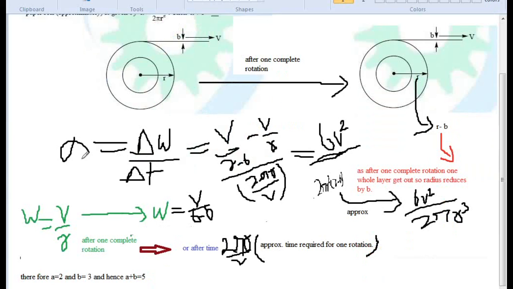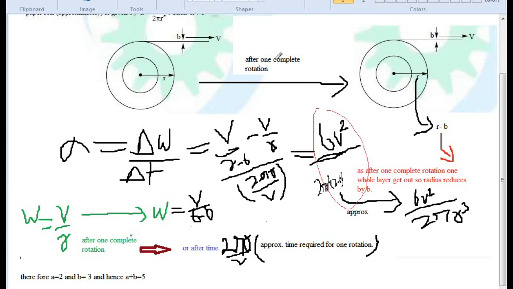So our work is done. This is the omega before one complete rotation. This is omega after one complete rotation. Then the subtraction of both will be delta omega after one complete rotation, and this is the time required for it, approximate time obviously. And then by just calculating, we come across this.